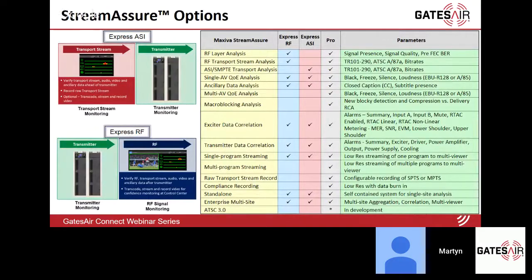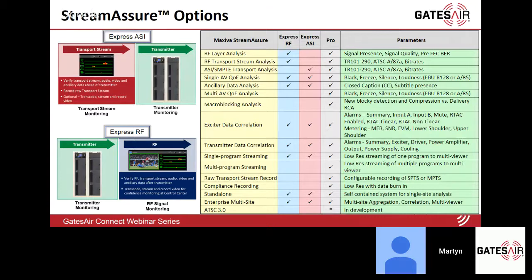The table shown on this slide, this is now visible, shows what we are selling as various systems. And you notice there's 3 columns down the middle of that chart: Express RF, Express ASI, and Pro. Basically, those are going from 2 simple solutions looking at RF and ASI, and Pro, which covers both of those plus some more capability.